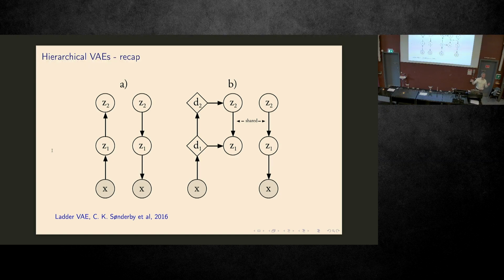For example, with the CelebA database, in the highest layers of the latent you could have something that encoded the overall pose, and then as you work your way through the hierarchy closer to the data, you put on more details.